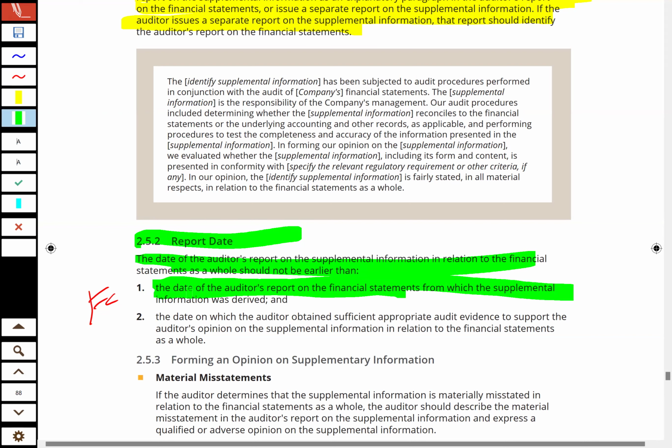From which the information was derived. The date of the report, the auditor obtained appropriate evidence to support the supplemental information, but it can't precede the date on the financial statements. Then you may be doing additional procedures after the date of the financial statements to get comfortable with the supplemental information, then that would become the date of the report.